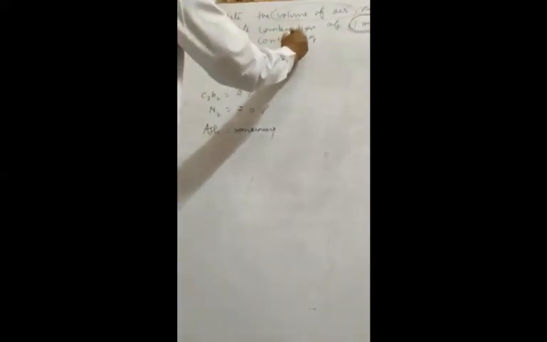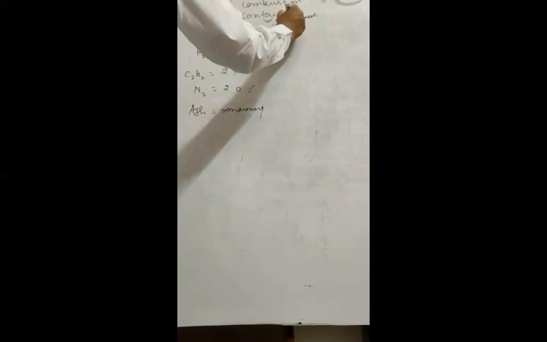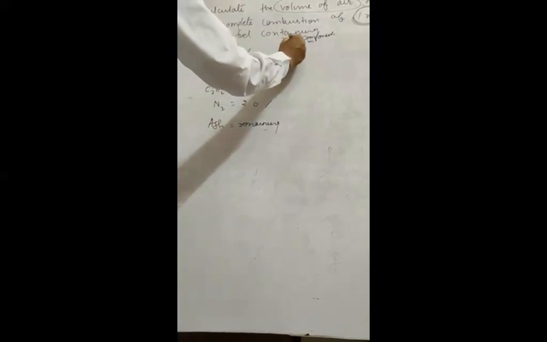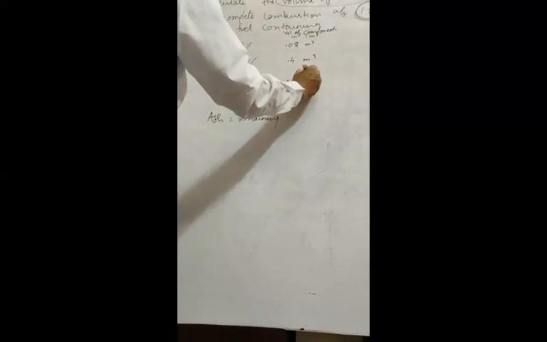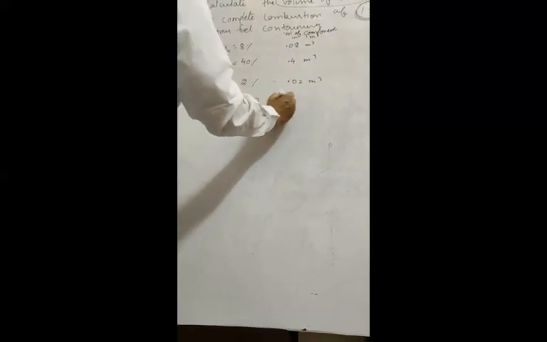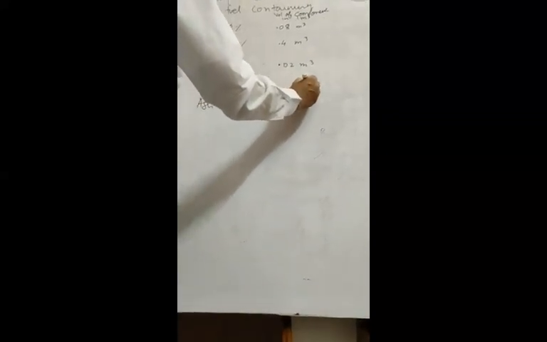If methane is 8%, then the volume of the component in 1 meter cube is 1 into 8%, so it is 0.08 meter cube, 0.4 meter cube, 0.02 meter cube, and then 0.02 meter cube, etc.